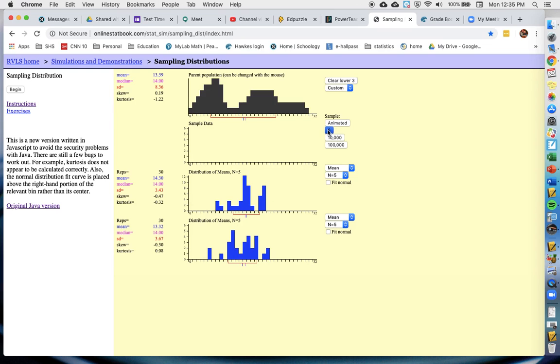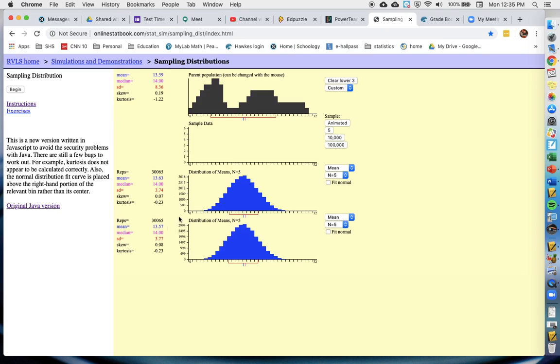Oh boy. Takes a little longer, doesn't it? Let's go with 10,000s. Oh, looky there. So I start taking lots and lots and lots of repetitions of the samples and taking all of their means, and look what happened. The mean was 13.59. Look at the sample means.